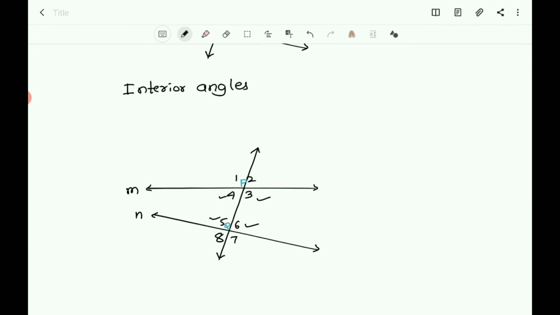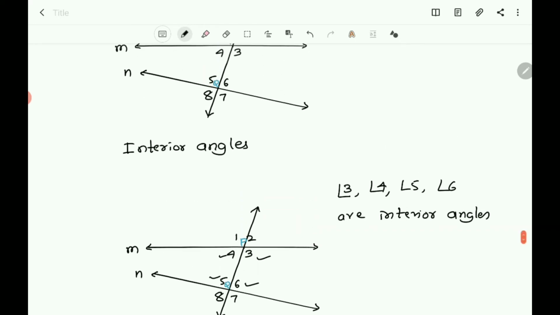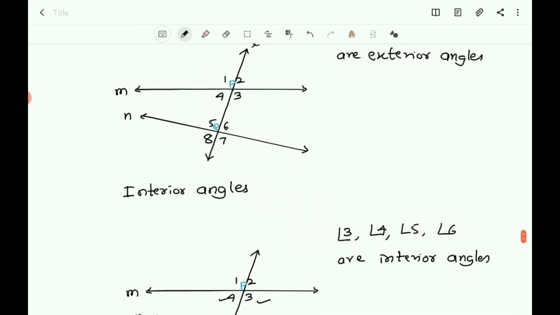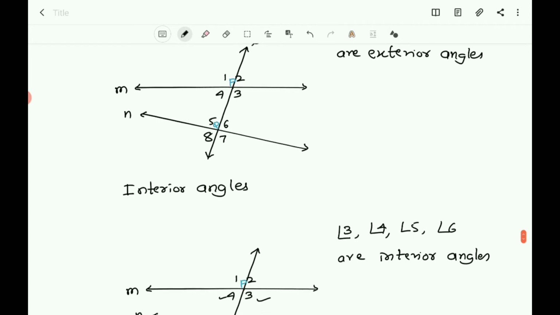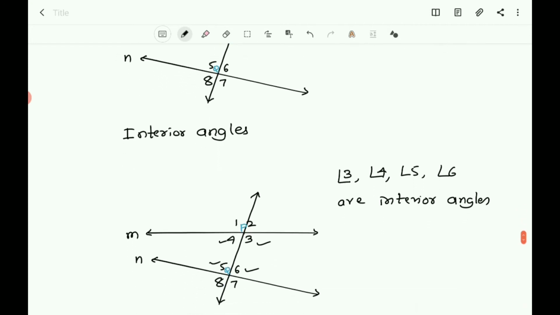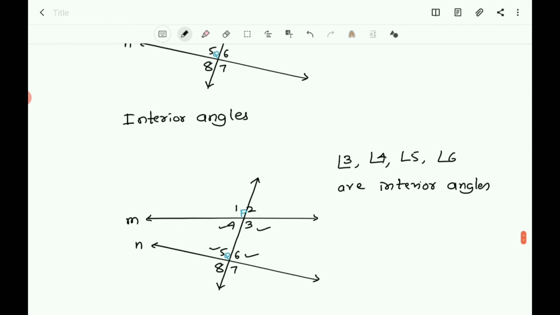Angle 3, angle 4, angle 5 and angle 6 are interior angles. So you got here 4 interior angles and 4 exterior angles. Exterior angles are outside the lines M and N. Interior angles are inside the lines M and N.